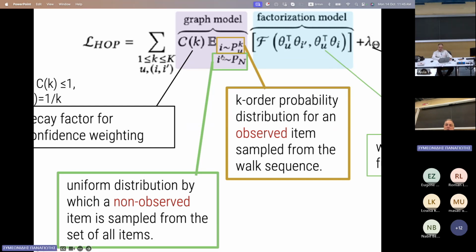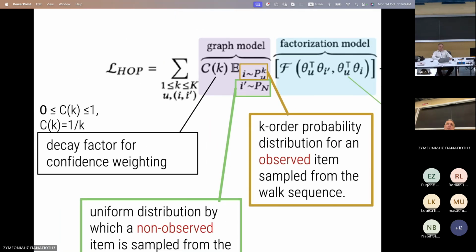So the i prime is about the negative items, and the i is related to the items that the user has really interacted with in the past. There are interactions that are not present in the graph. So non-existing interactions, non-observed.